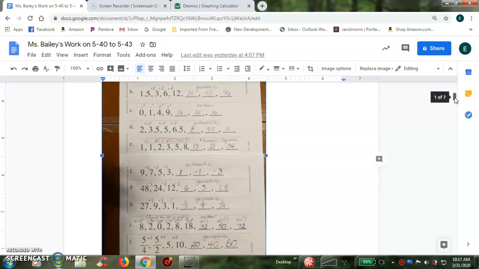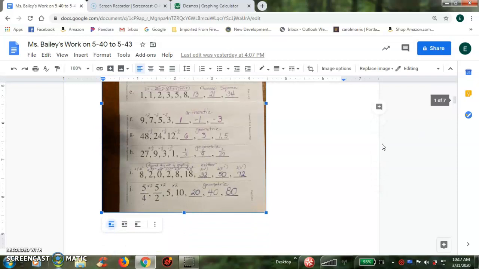G and H, this comes up in another problem, but the question is, are those considered geometric? And they are. If you think about this, this makes sense, right? For G, they're dividing by 2. How's that geometric? Well, division is multiplication.